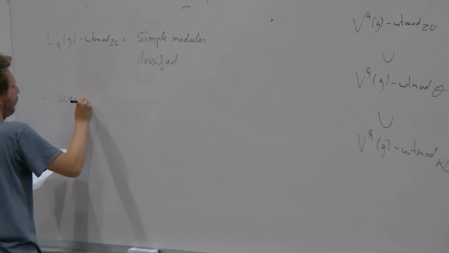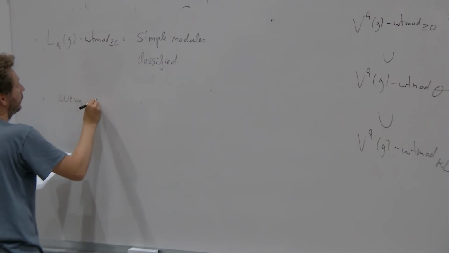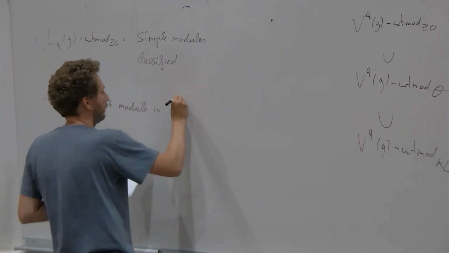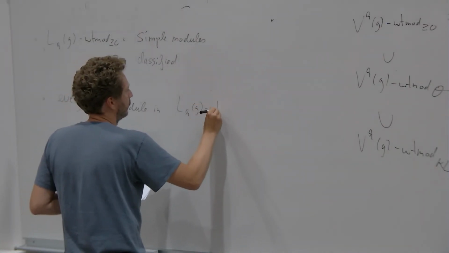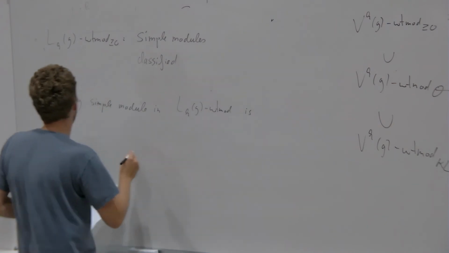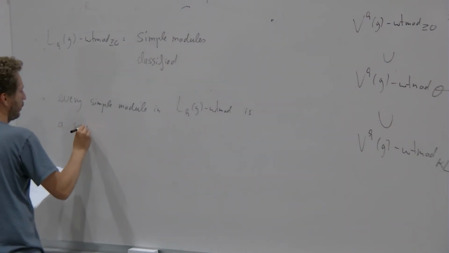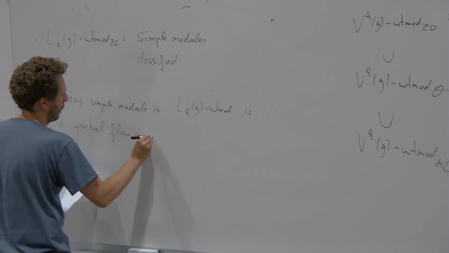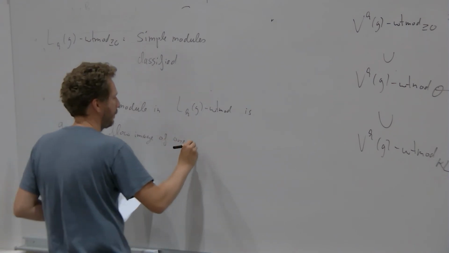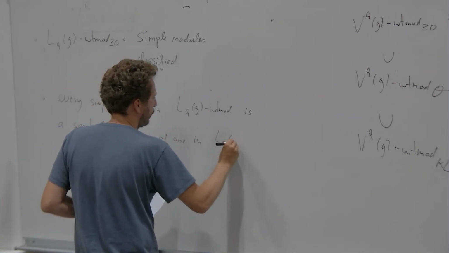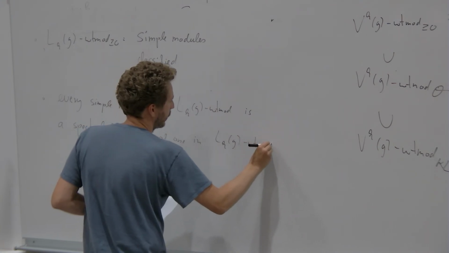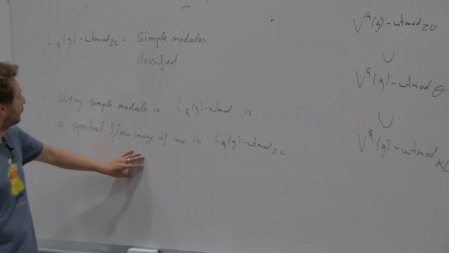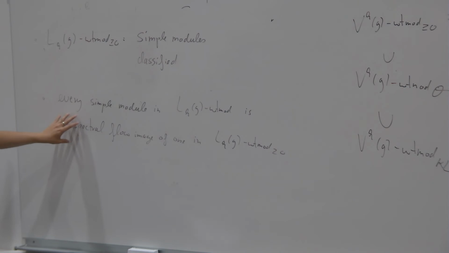Every simple module in the big category is a spectral flow image of one in the category of lower bounded modules. So this is a 20-year-old result by Feigin and Semikhatov. So let's digest this statement, and let me please just say it in words.